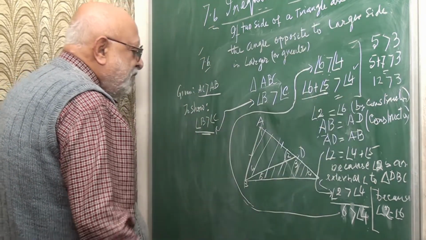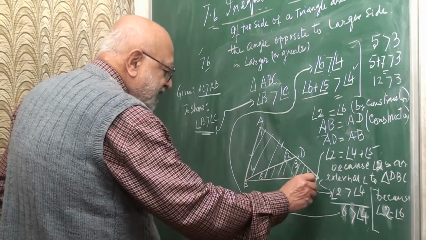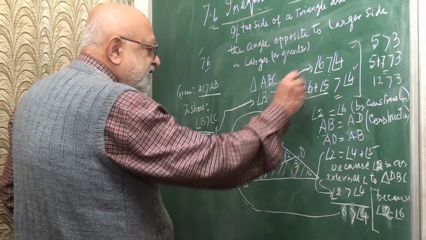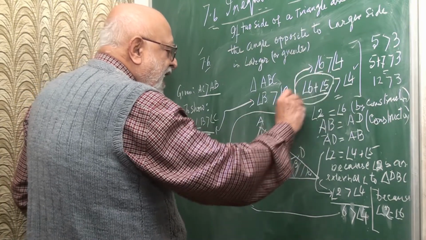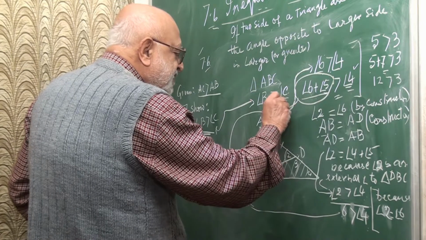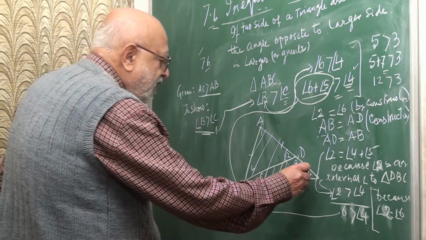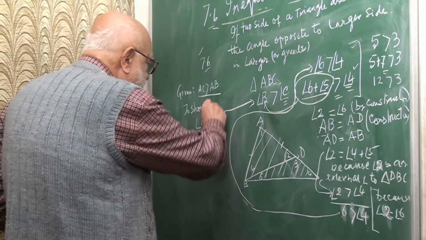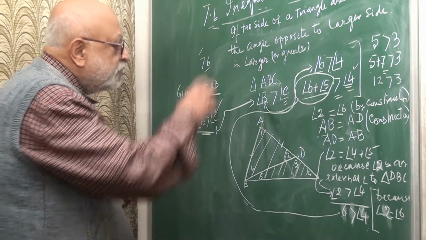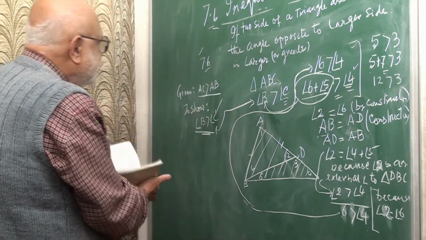So I came to total angle ABC. In ABC, this became angle B, and of course angle 4 is angle C, so that became greater, which proves this. Okay, this is also 7.6.